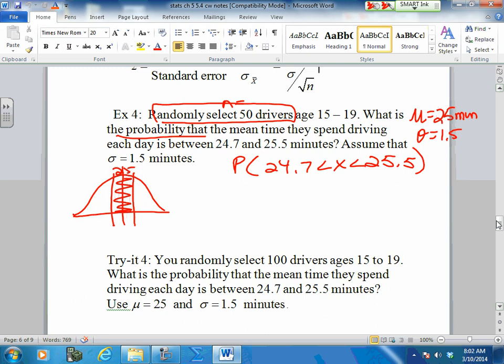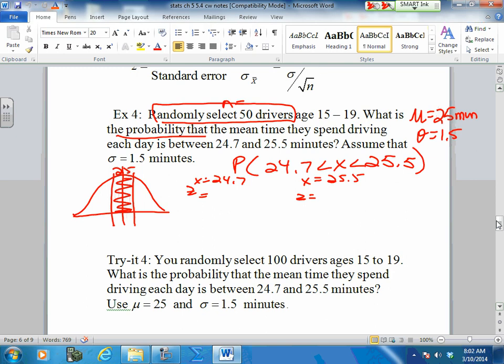So we're going to take the z-score for when we have 24.7, and we're going to take the z-score for 25.5, and what do we do when we find the z-scores for these guys, for in-betweens? Subtract what? The areas. Good.